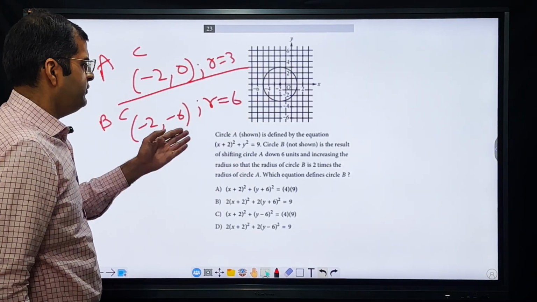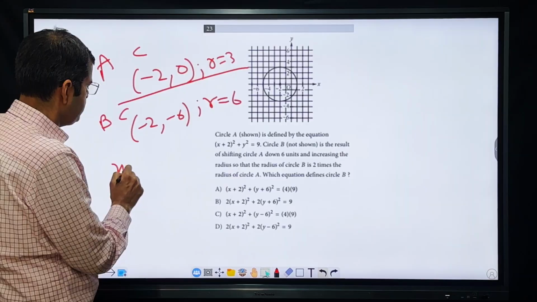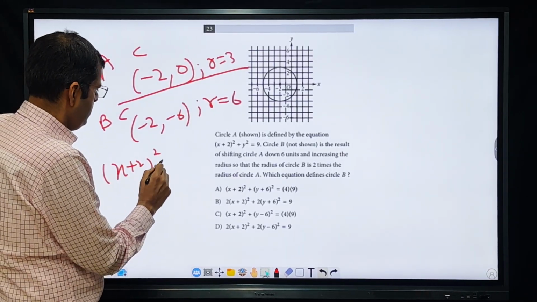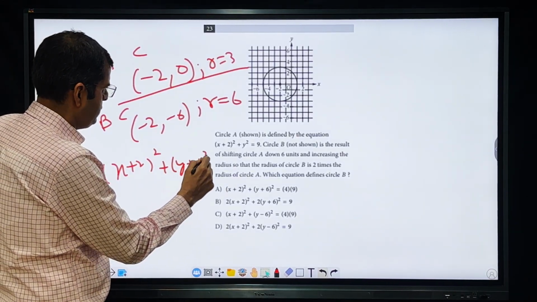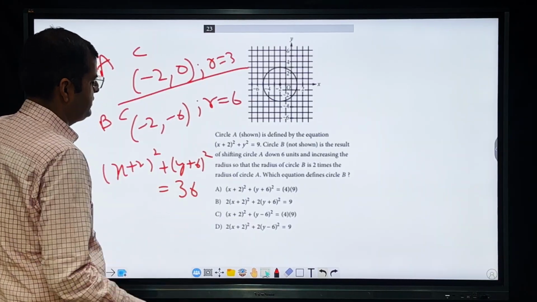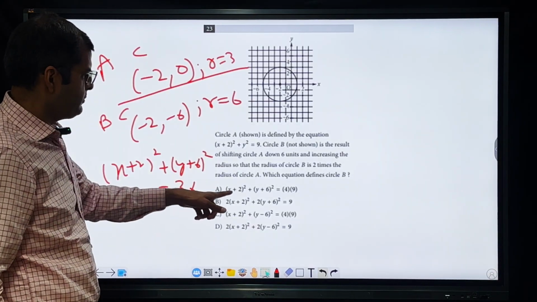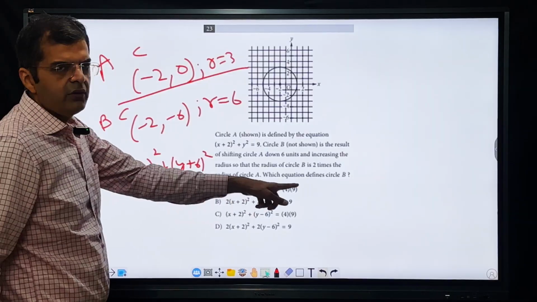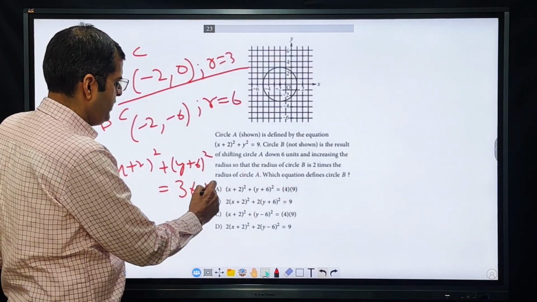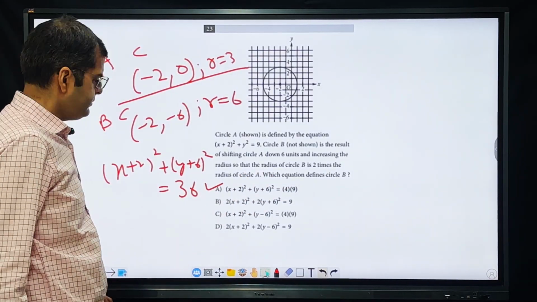What is the equation which defines circle B? So the equation will be (x + 2)² + (y + 6)² = 6², which is 36. Looking at the options, (x + 2)² + (y + 6)² = 4 into 9, which is 36. So option A is the correct option here.